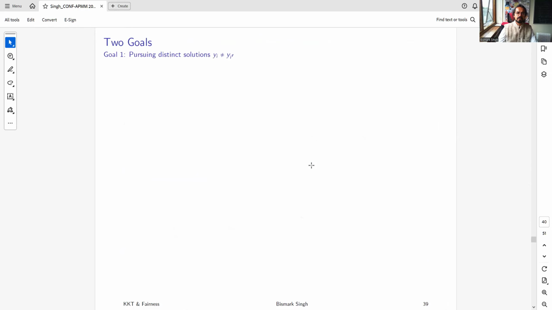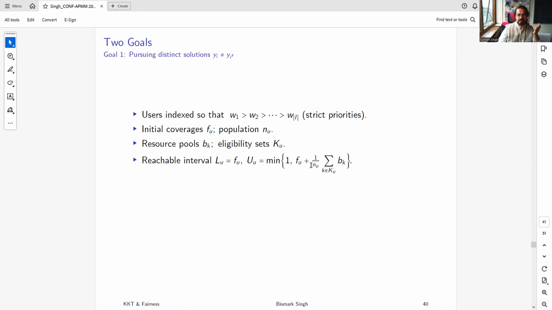Currently, we are extending this work with a direction towards two goals. The first is we want to pursue solutions that are distinct in the sense that no two users have the same level of coverage. To do that, let's index all the users from 1 to the end with a strict priority, the same setting as before.